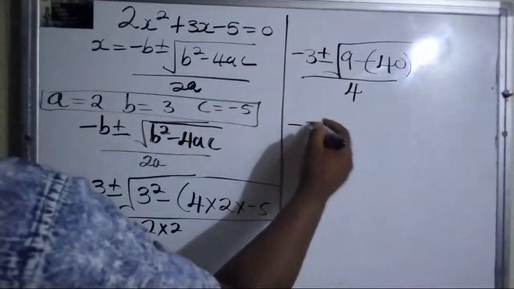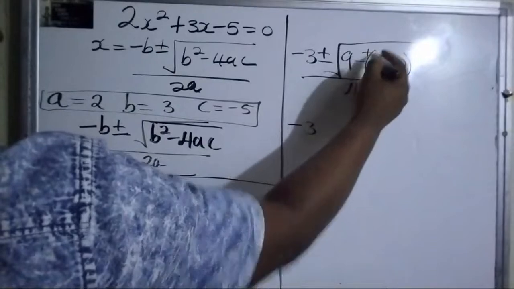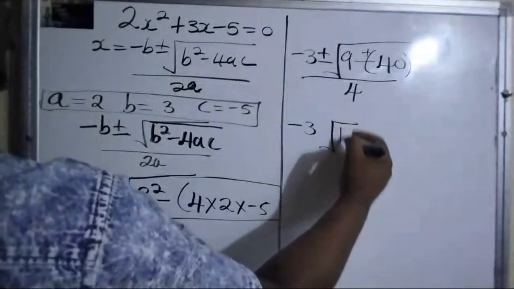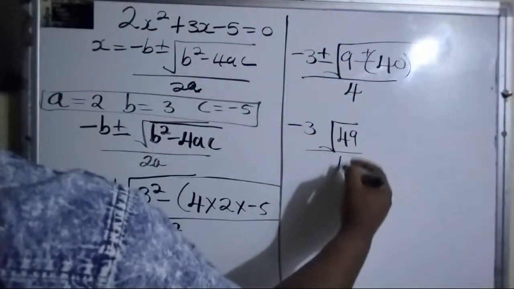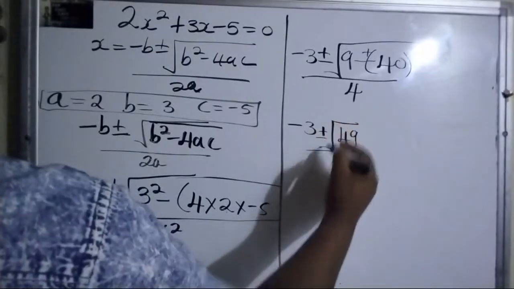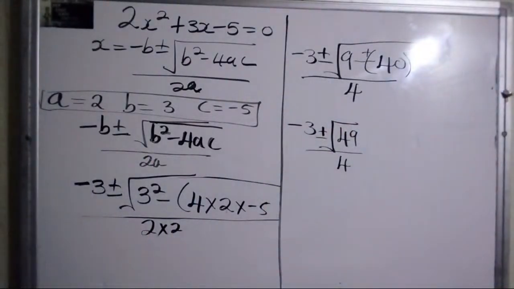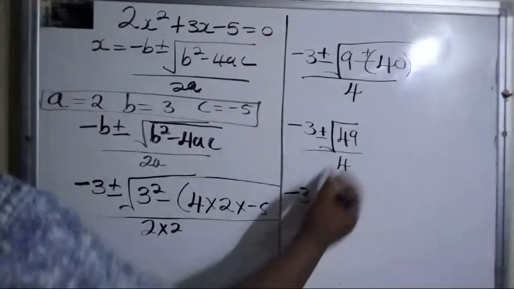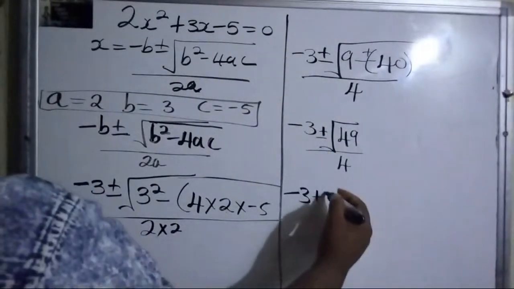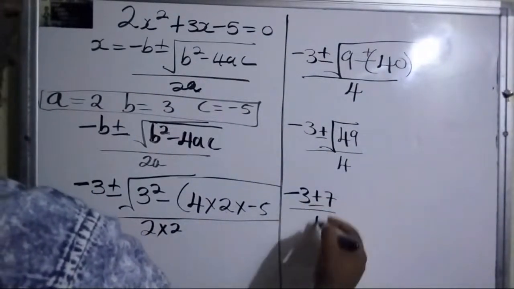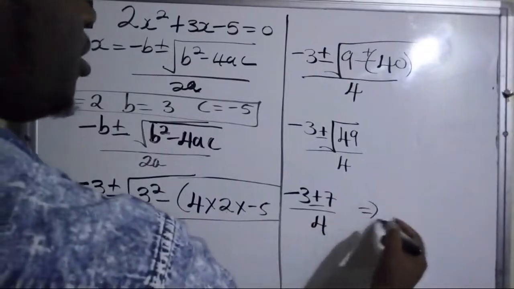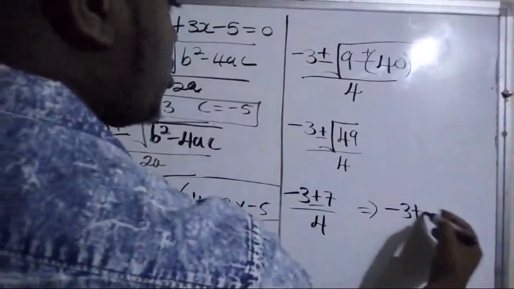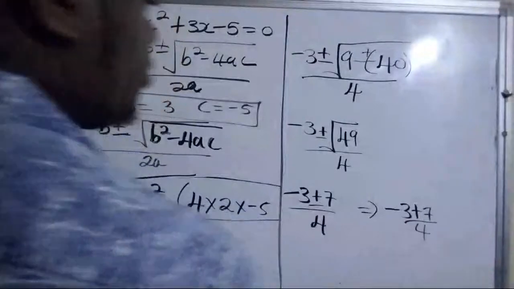So now we have minus 3. This is going to become plus. So it's the square root of 49 over 4. So all of them are the same, guys. So we have minus 3. The square root of 49 is 7. And we have two solutions, right? So it's negative 3 plus 7 over 4. That's one solution.